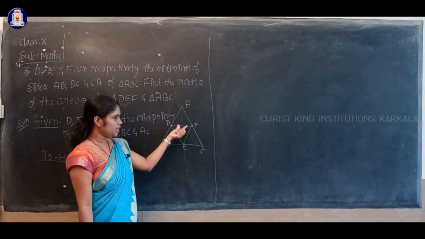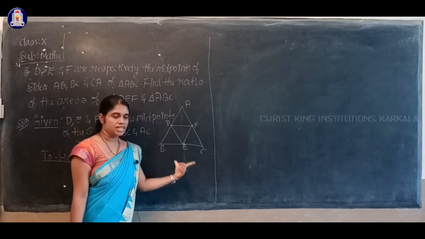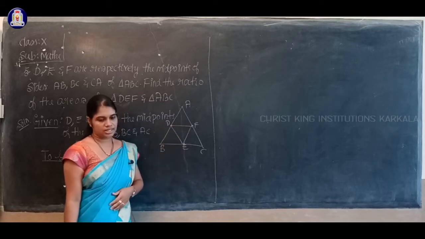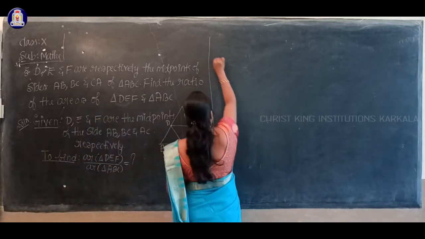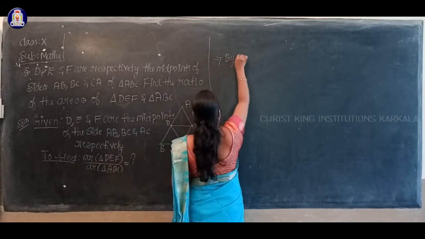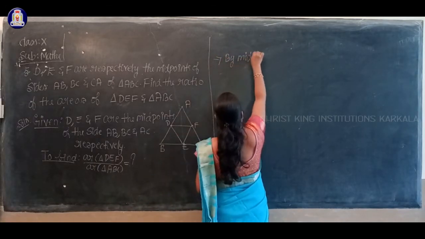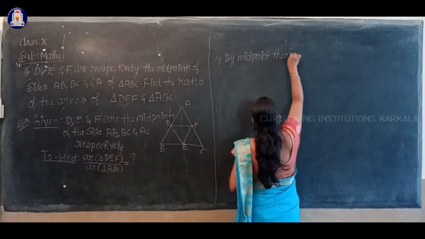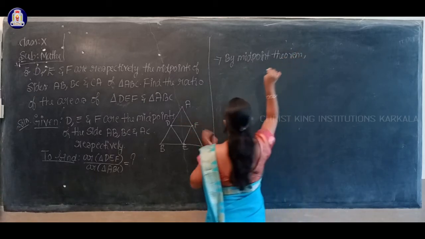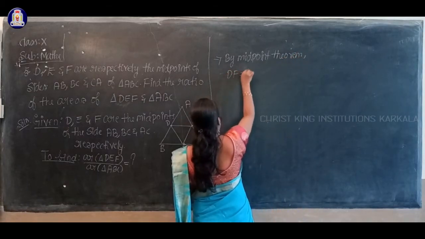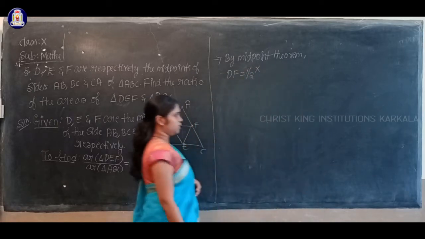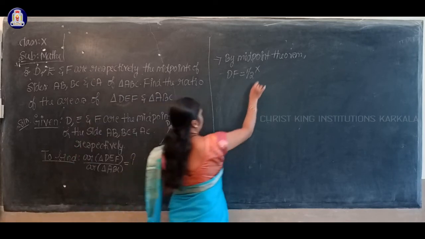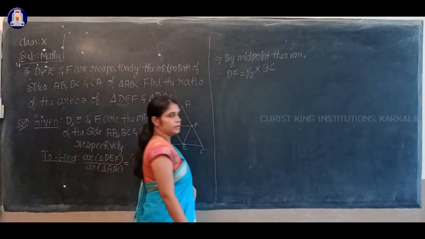So this DF will be parallel to BC, and the length of DF will be exactly half of BC, isn't it? So I'll write here, by midpoint theorem, the length of DF will be half of the length of BC.